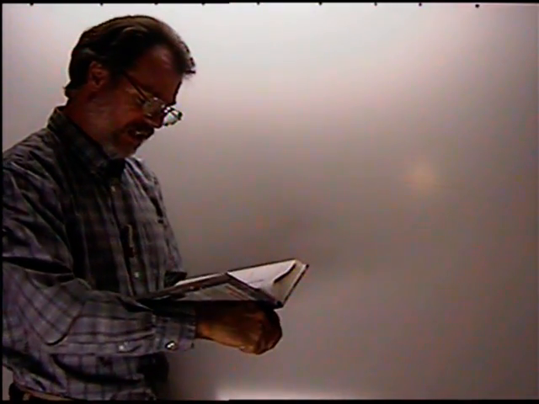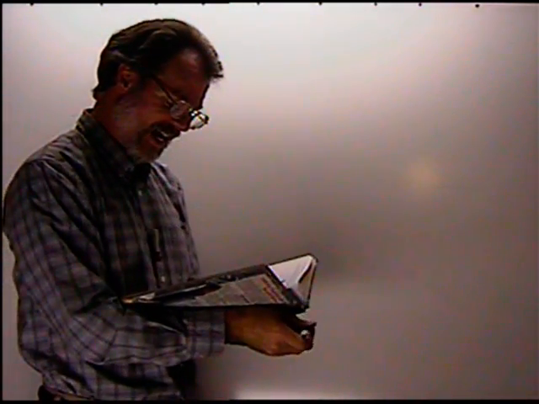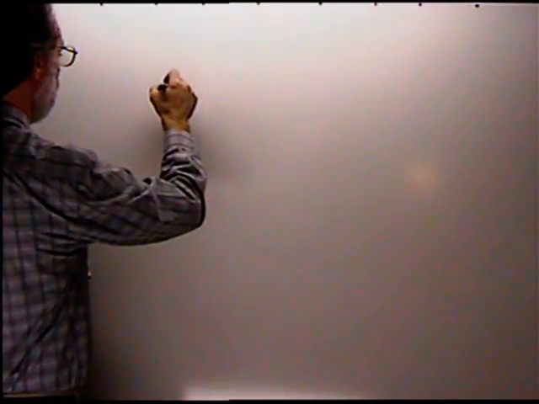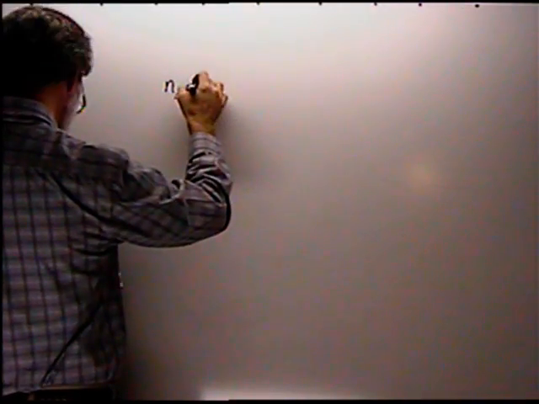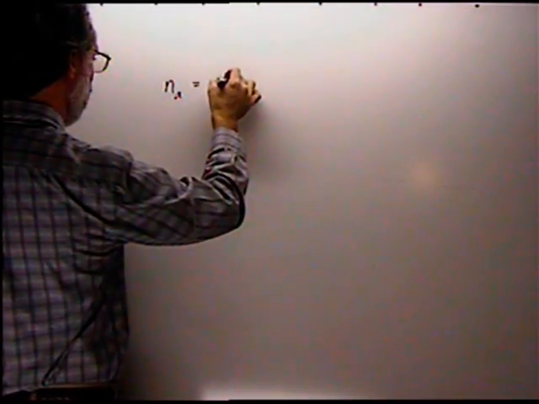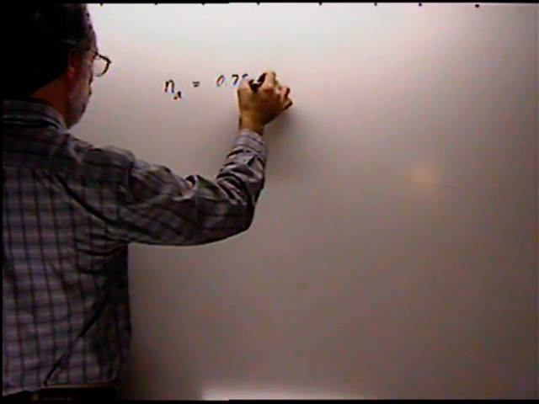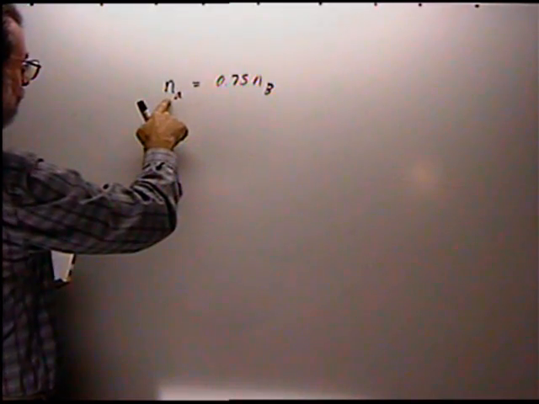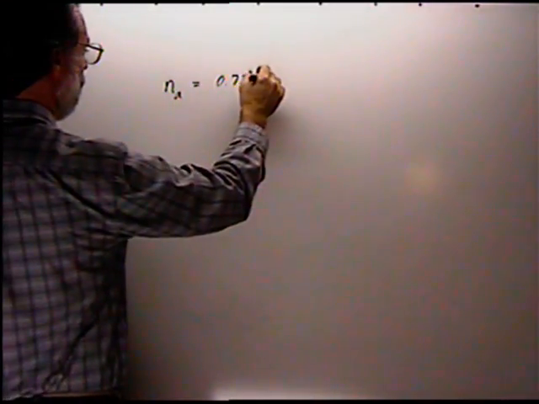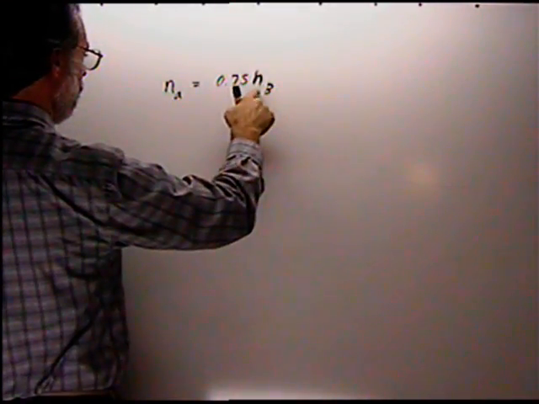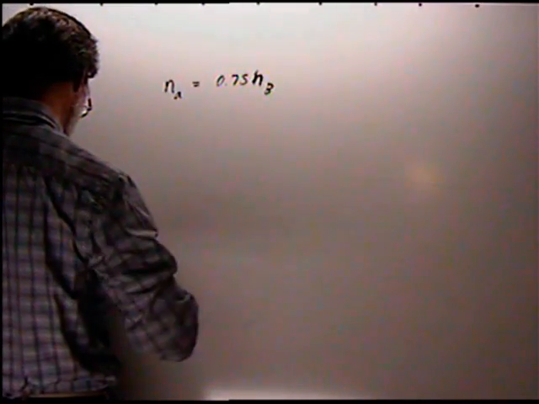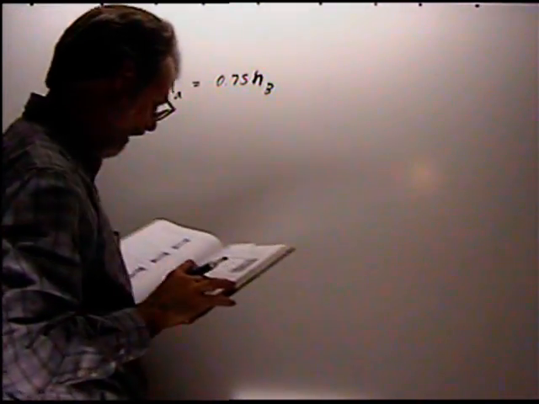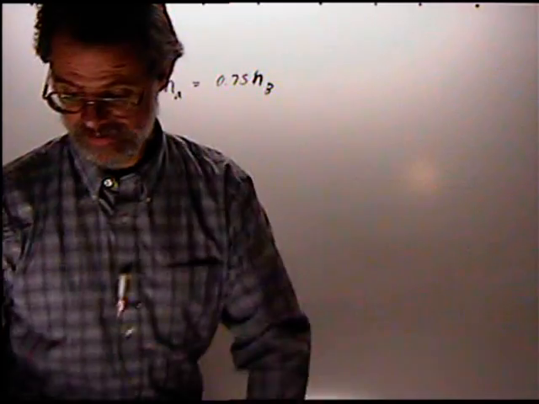Number 7. The index of refraction of A is 75% times that of B. In which substance will light travel the greatest speed?